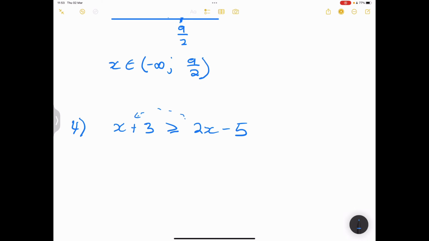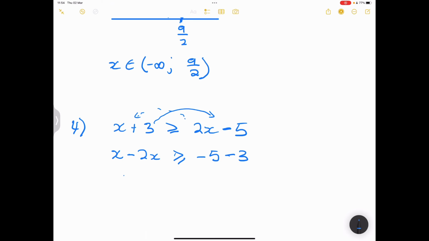So I'm going to take the 2x to the other side, and it's going to change the sign, so that will be x minus 2x. Now I'm going to take the 3 to the other side. It's greater than or equal to. Remember, I had negative 5 over this side, so I'm going to have another minus 3 because it changes sign when it gets to the other side.